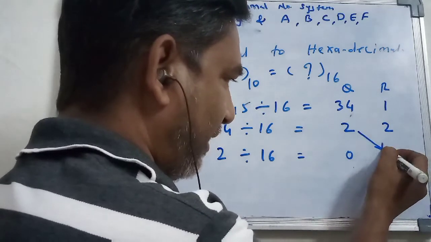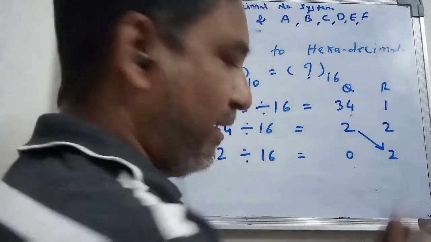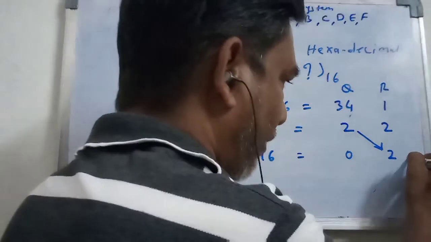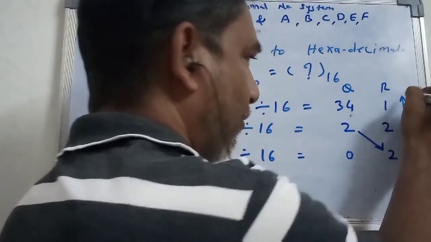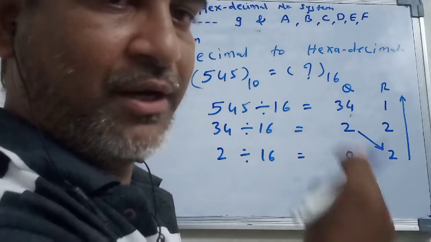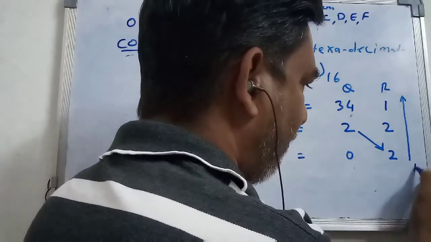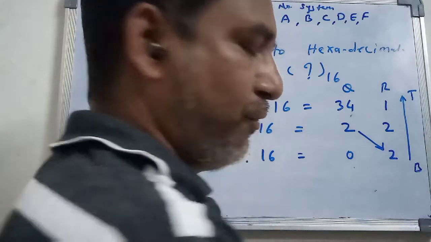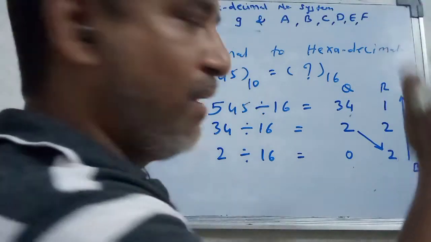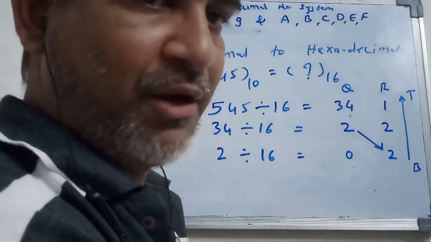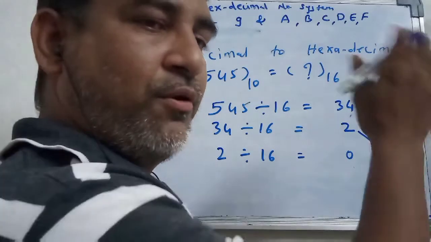Now again, whatever quotient you get has to be divided by 16. Here the quotient is 0, and this 2 is carried and we write it here as a remainder. Then you have to indicate this arrow. It is very much compulsory and important. From the bottom to top you have to consider the value, from LSB to MSB.